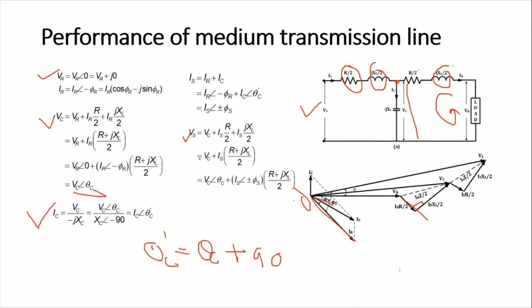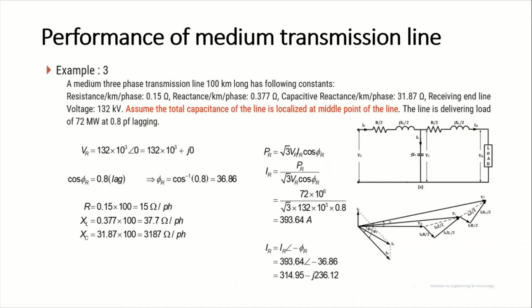So Vs is equal to Vc plus Is into R plus jXL by 2, that is Vc angle theta C plus Is angle plus or minus phi S into R plus jXL by 2. Now we will understand this method by using one example.